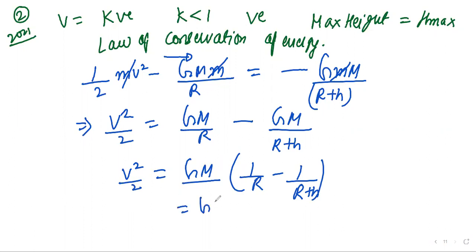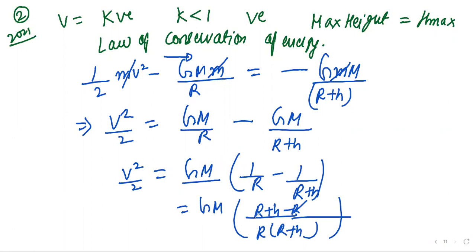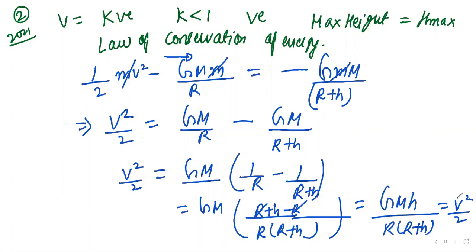The LCM is R into R plus H, so we get R plus H minus R. R and R get cancelled, so the remaining is GM H upon R into R plus H, equal to V square upon 2. We are getting it.